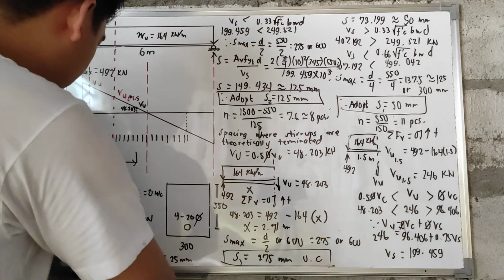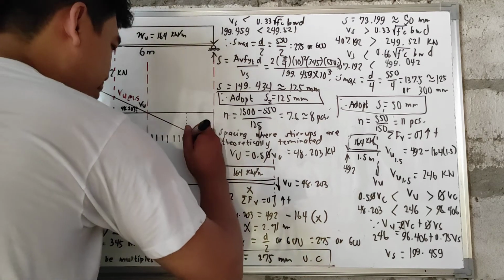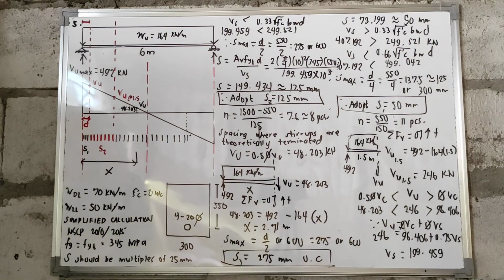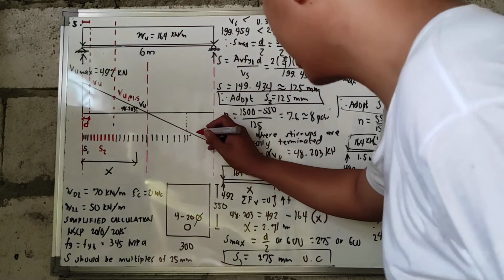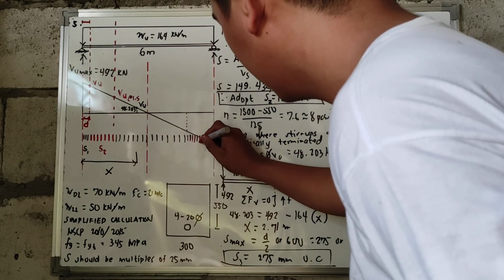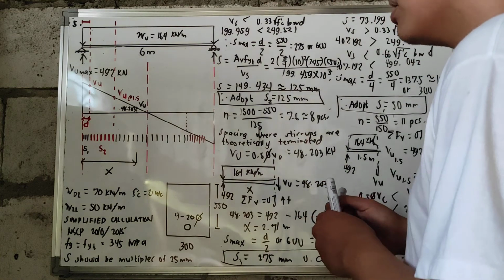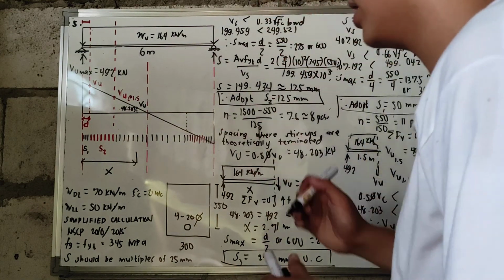Tapos dito is, since symmetrical lang naman, yung susunod is yung S2 natin. So ilatag natin yan na may spacing na 125. Tapos yung susunod naman is yung D naman. Kasi symmetrical lang naman yan. Yung spacing naman dito is yung S1 natin.